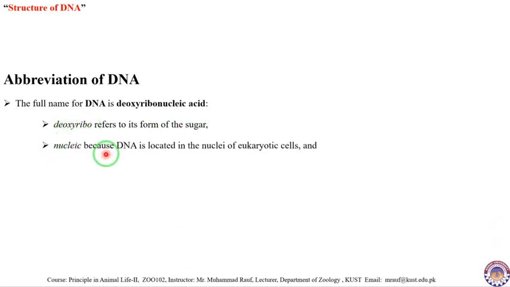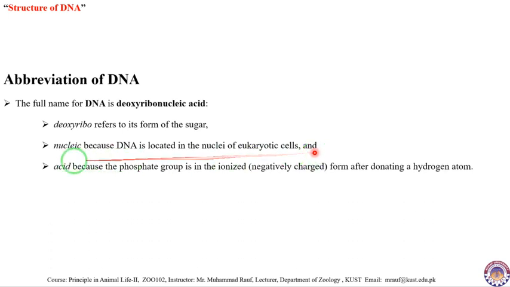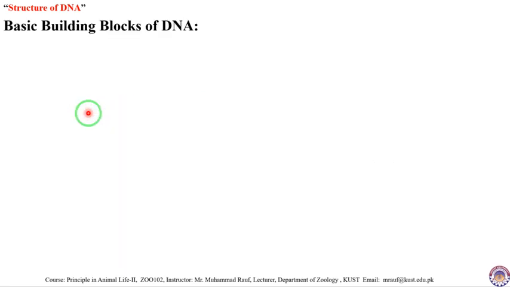Nucleic, because DNA is located in the nuclei of eukaryotic cells, and acid because the phosphate group is in the ionized form after donating a hydrogen. So the name deoxyribonucleic acid represents some of the characteristics of this molecule.